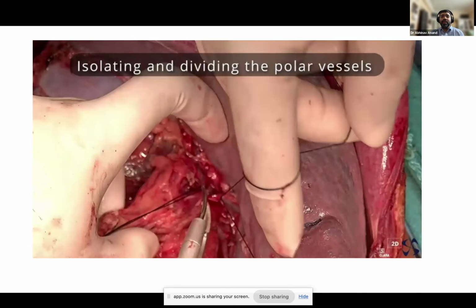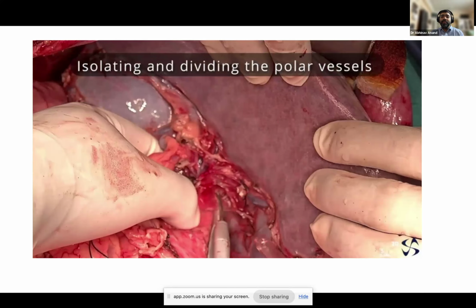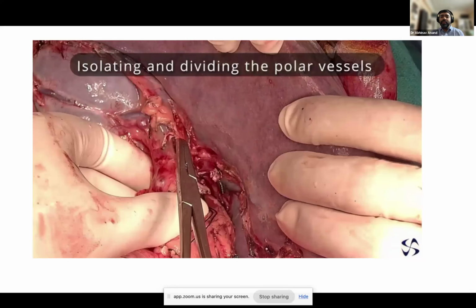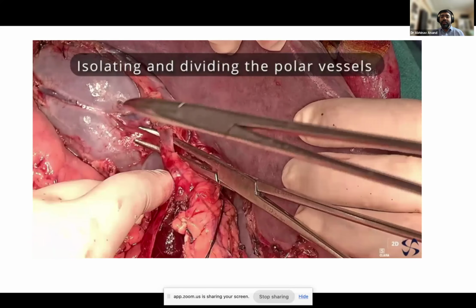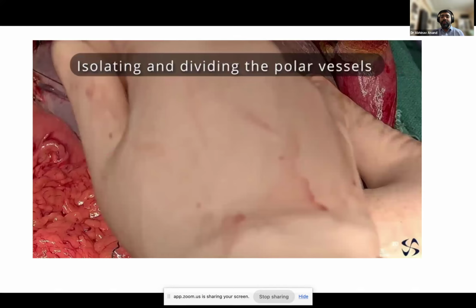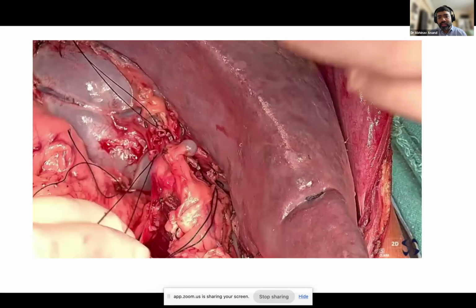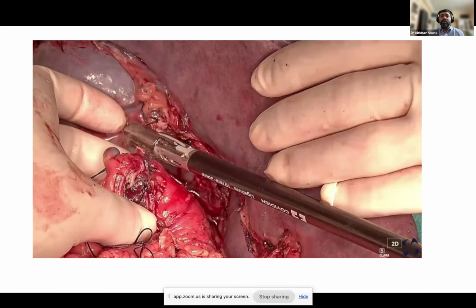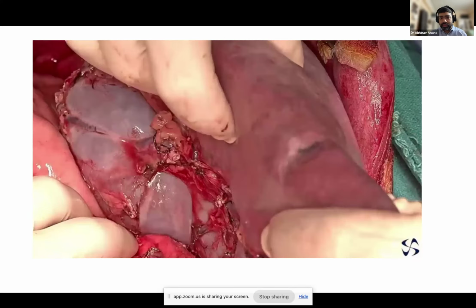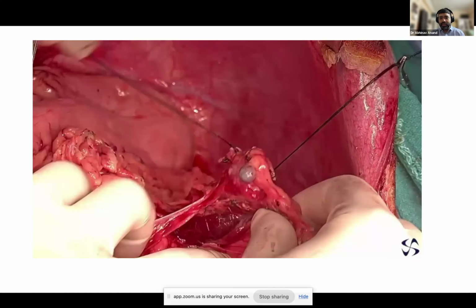When the polar vessels have been isolated and divided, we progress to divide the splenic artery and the splenic vein close to the hilum. This has to be done close to the spleen to have an adequate length for doing the shunt subsequently.